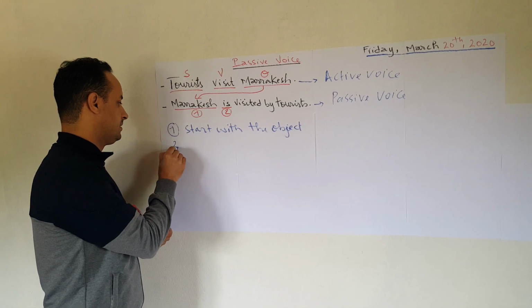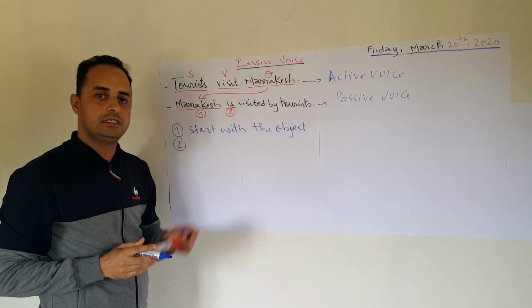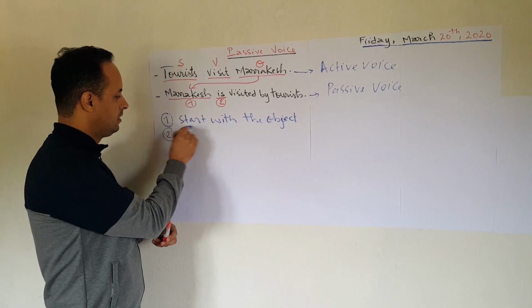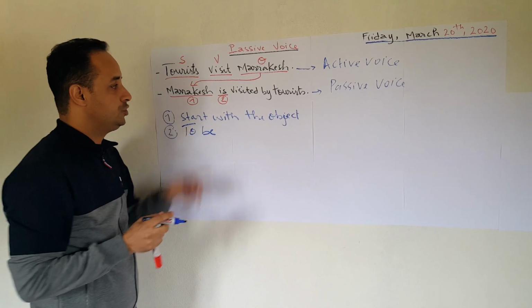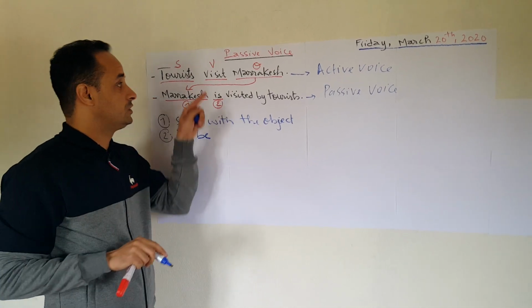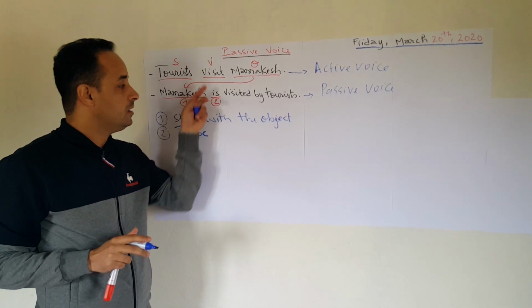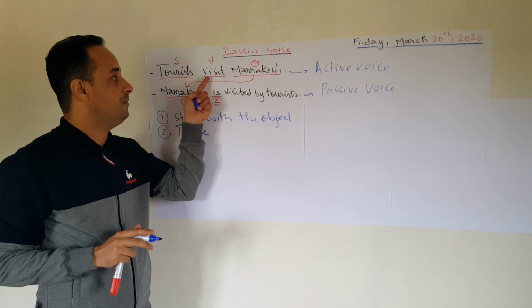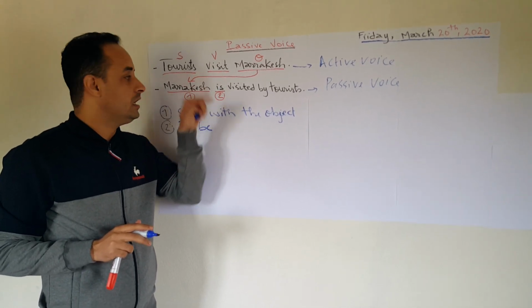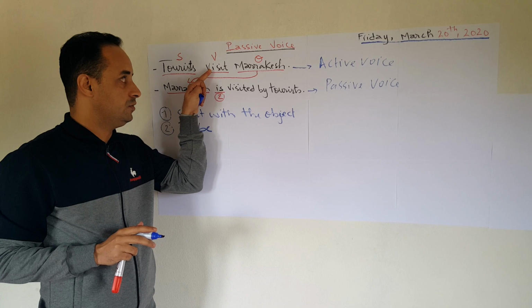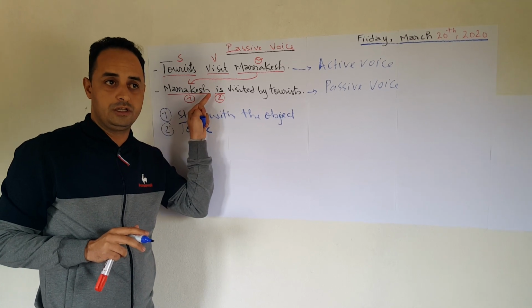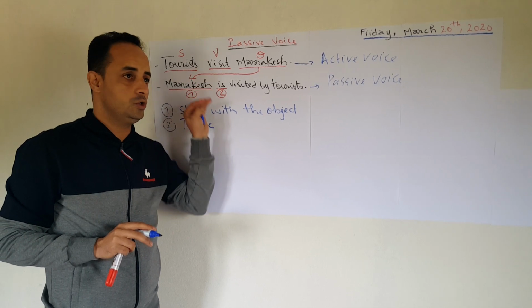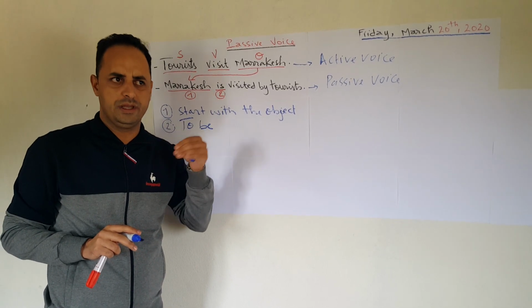is "is". In this case, it's in the present. This is the verb to be, which should be in the same tense as the main verb. I'm using here the verb to be in the present simple because the verb visit is in the present simple. In case the verb is in the past, then to be should be in the past. We use was or were. In case the verb is in the future, we use the verb to be in the future, which is will be.